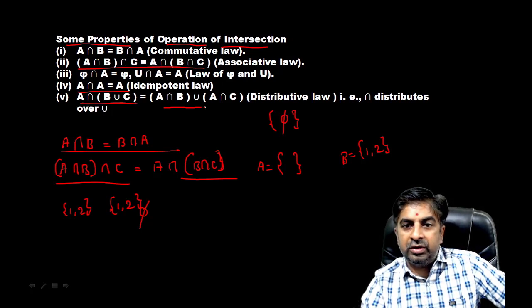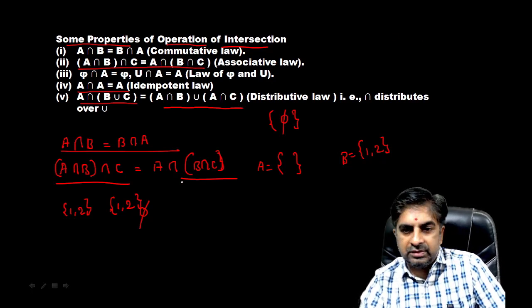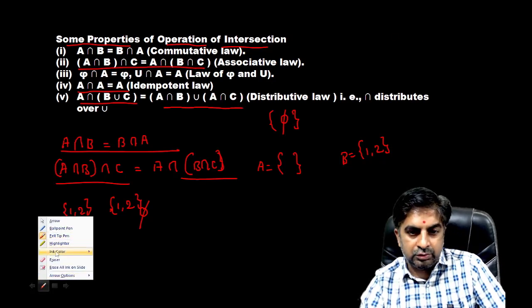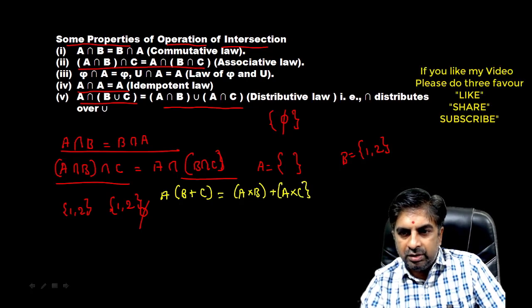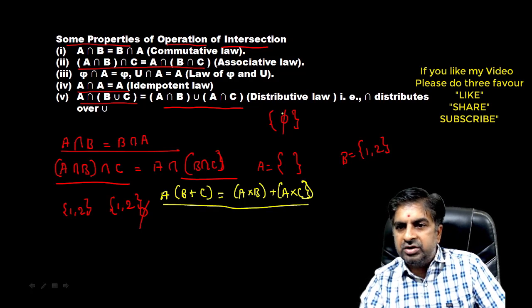So again, now distributive law, as we learn in lower standard also. Let me use one different color. We know that A into bracket B plus C, what we were doing, we give this A to both, A into B plus A into C. This is called distribution.